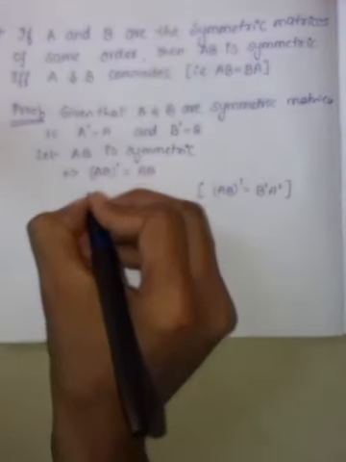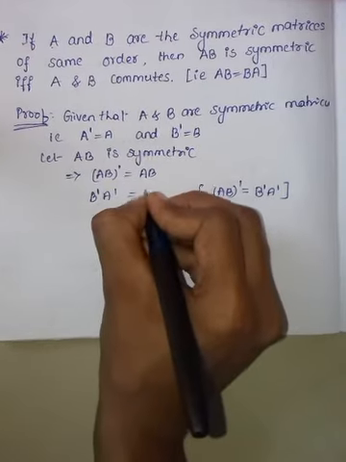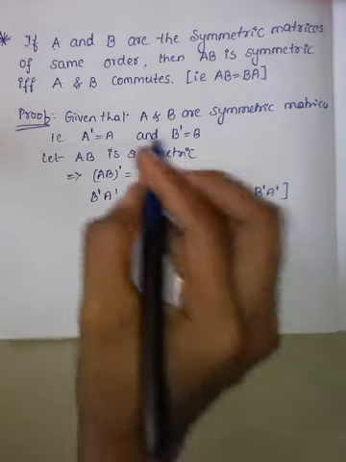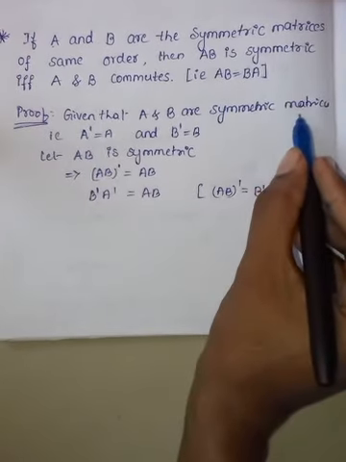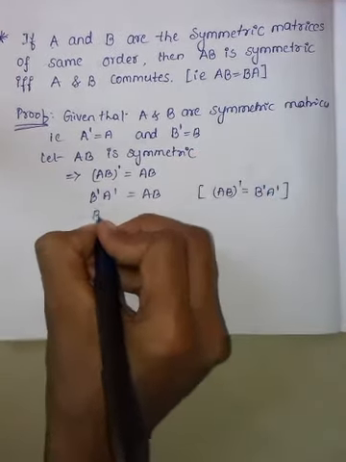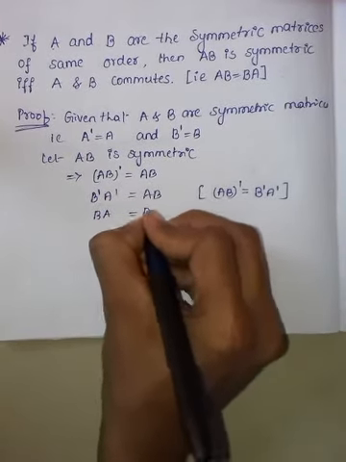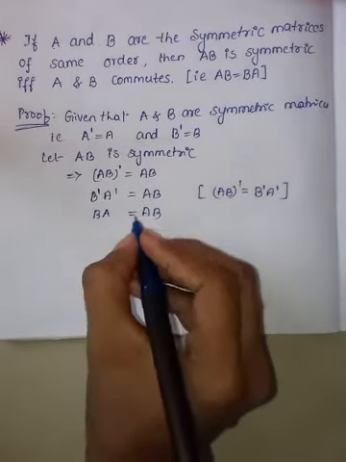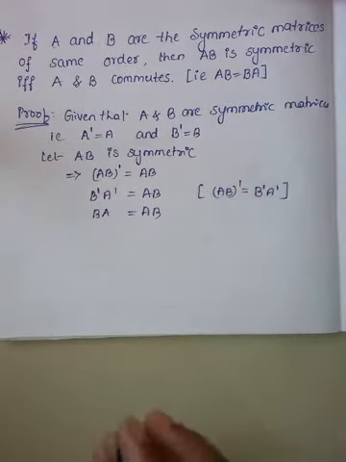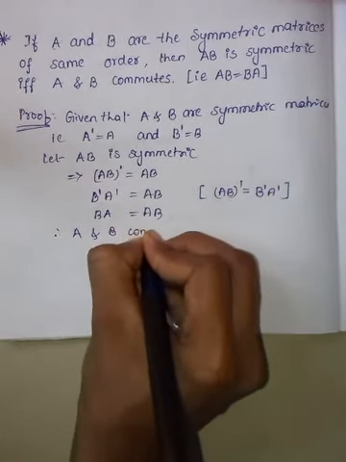So B transpose A transpose equals AB. Now A and B are symmetric matrices, so B transpose is B and A transpose equals A, giving BA equals AB. Therefore AB equals BA.